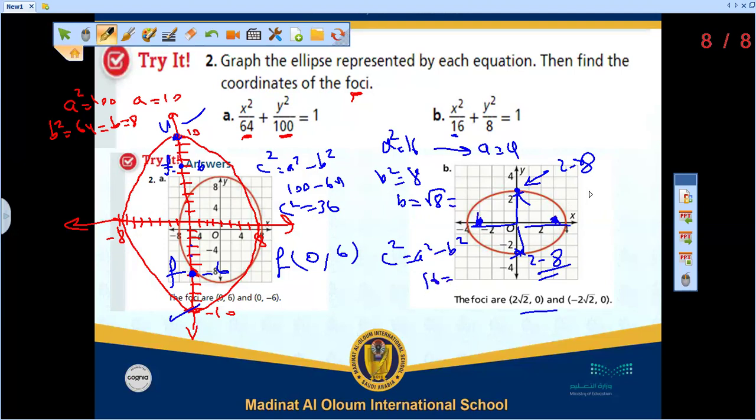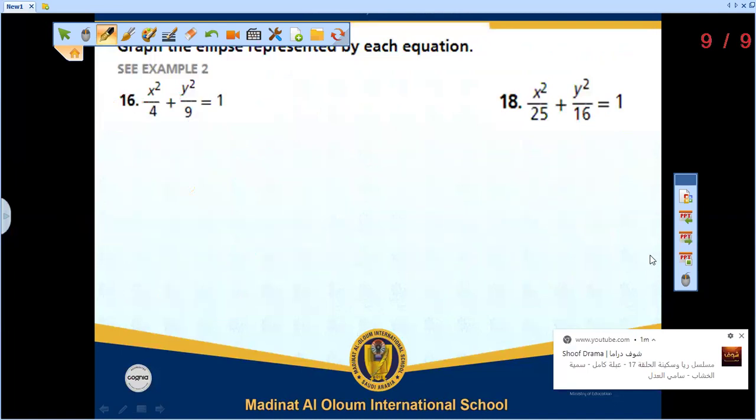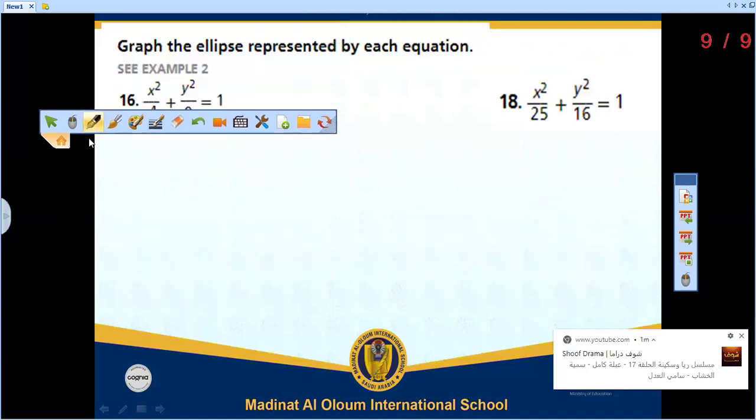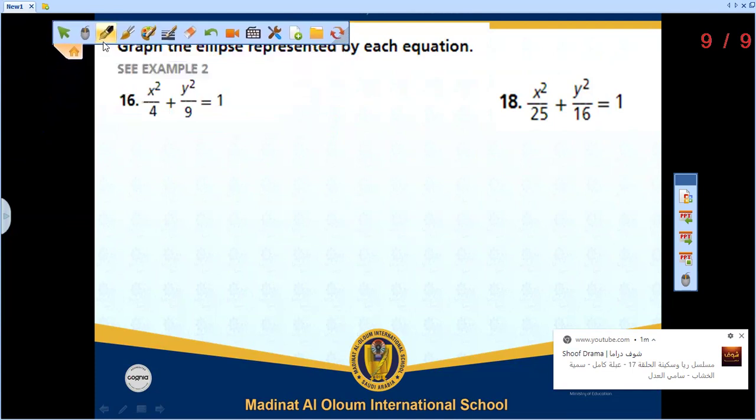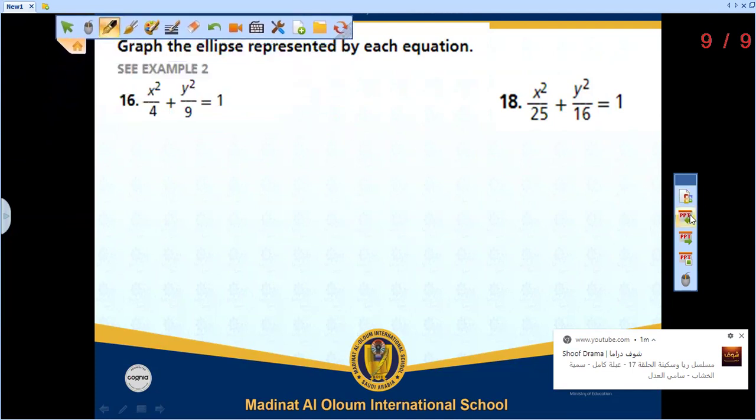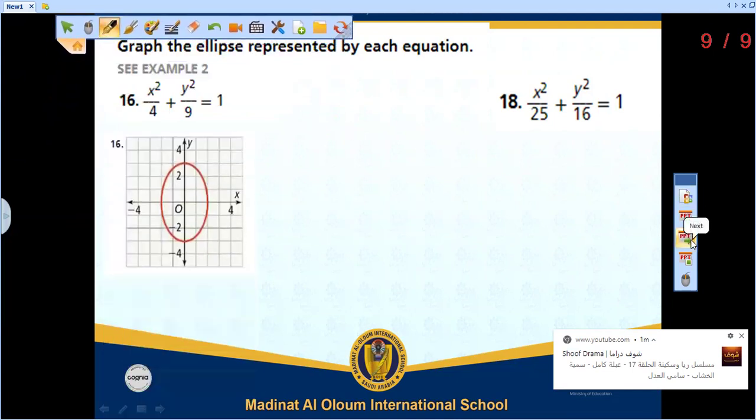Horizontal, this is focus, guys. 2.8 here. Okay, this one is b, not f. Okay, guys, we finish the graph.